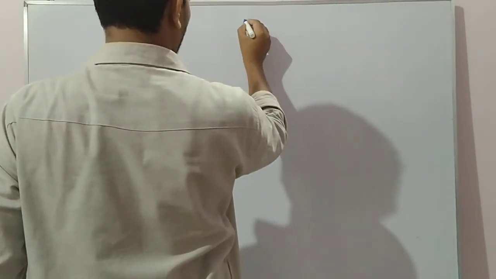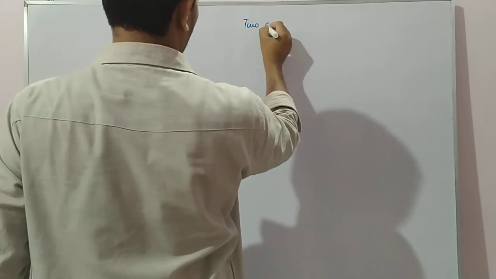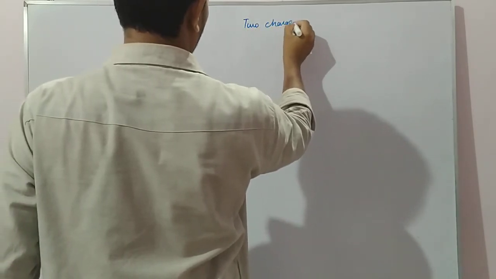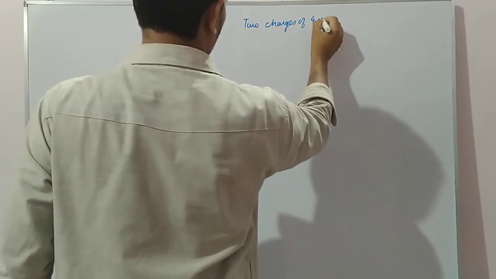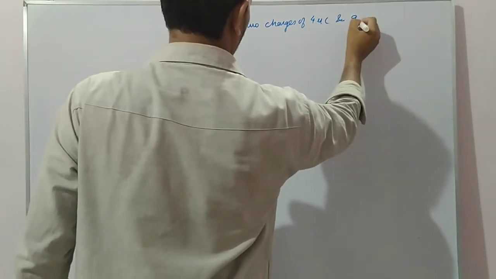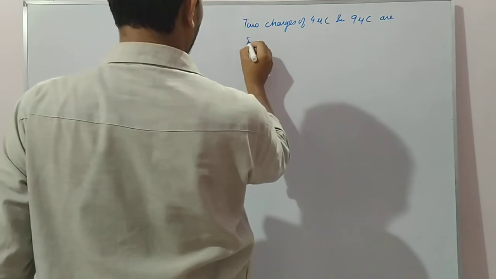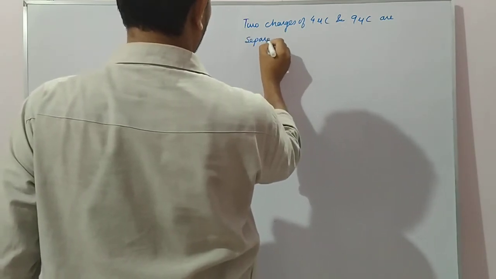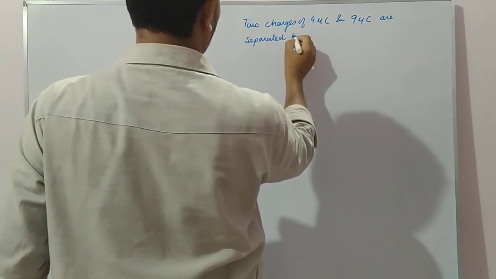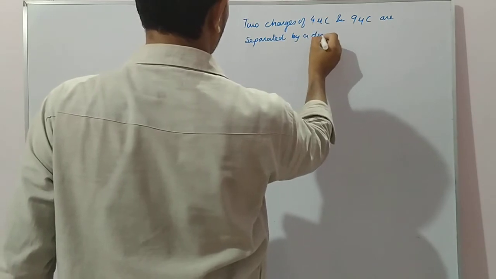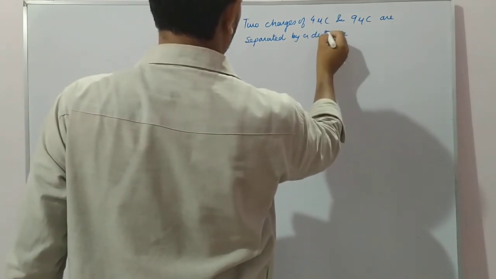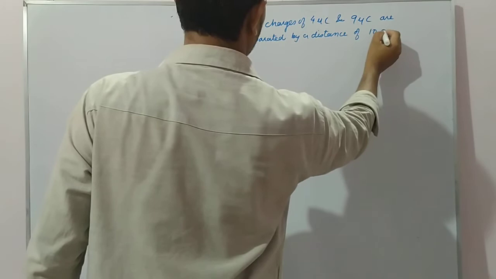I am writing the question. Two charges of 4 microcoulomb and 9 microcoulomb are separated by a distance of 10 centimeter.